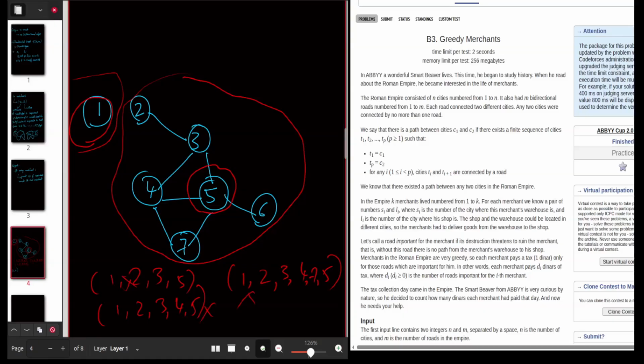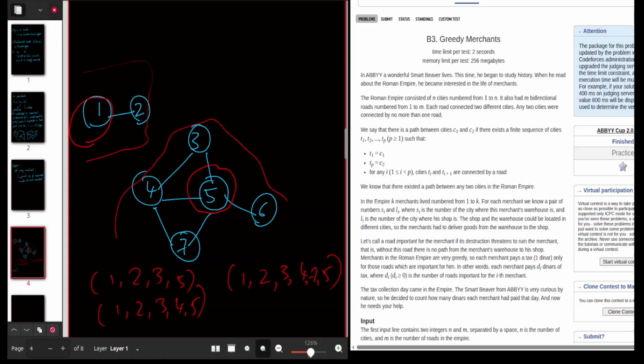So between 1 and 2, there is one cut edge, and between 2 and 3, there is another cut edge, which will divide the graph into two components. It need not be just two, it can divide it into multiple components usually. But because this graph is connected, cutting one edge would actually separate it into two distinct components.